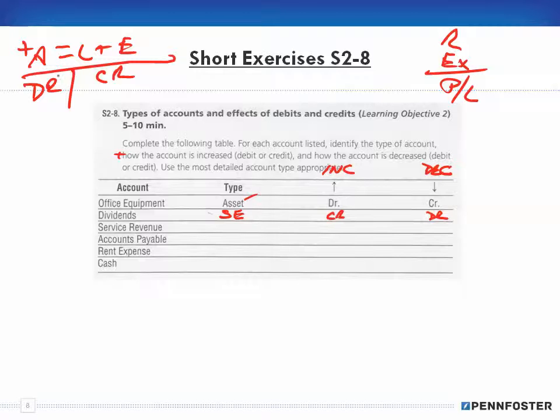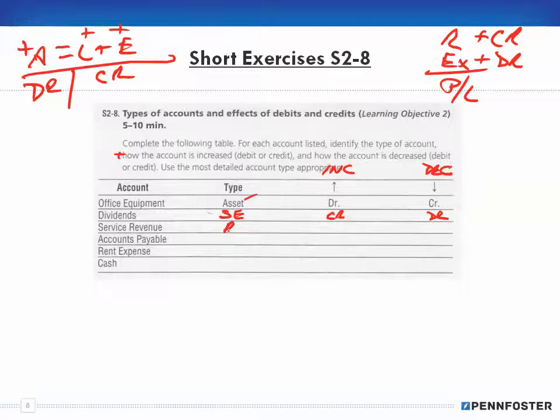So the normal balance of an asset is a debit, the normal balance of a liability and equity is a credit, revenues it's a credit, and expenses it's a debit. Okay, this is the visual aid, but notice I use this visual aid and I talk through the relationship. By doing these exercises in the textbook, it's almost like trying to get you to memorize it, right? But don't memorize, think through.